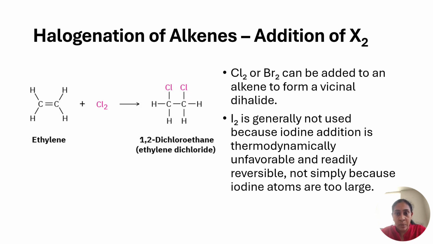Bromine behaves the same way. Iodine is usually not used for this reaction because iodine addition is thermodynamically unfavorable and readily reversible. The key point to remember here is that halogenation consumes the pi bond and forms two new carbon-halogen bonds.